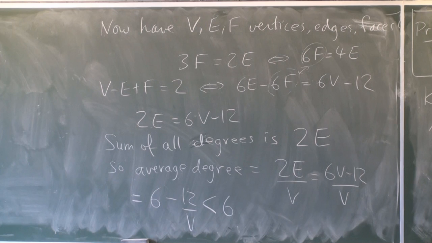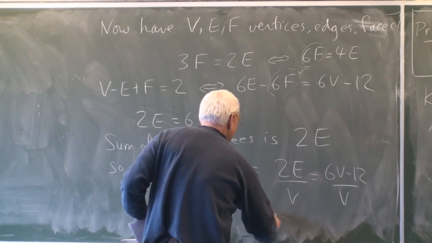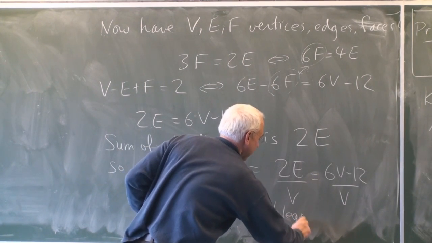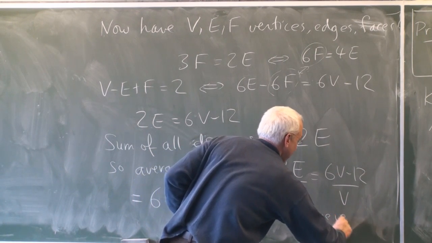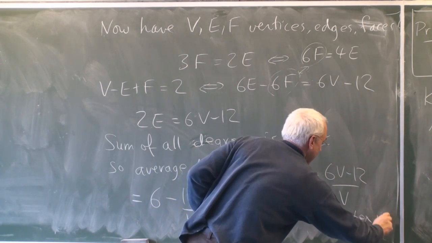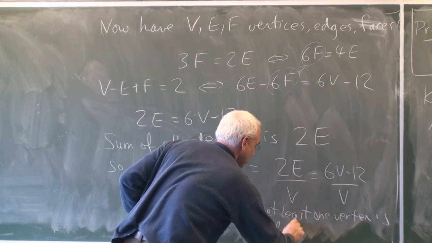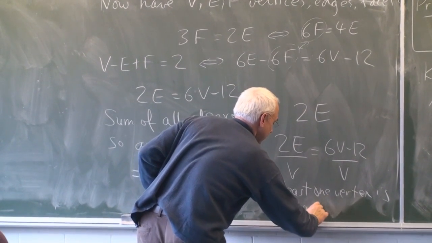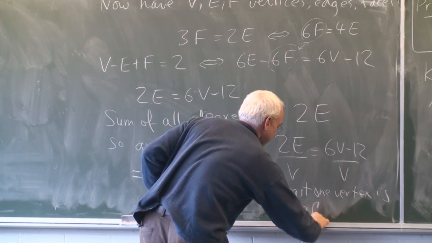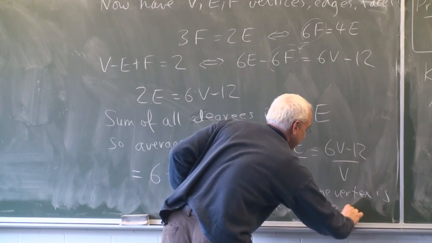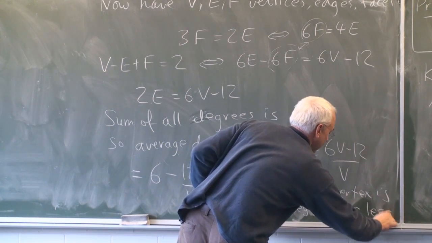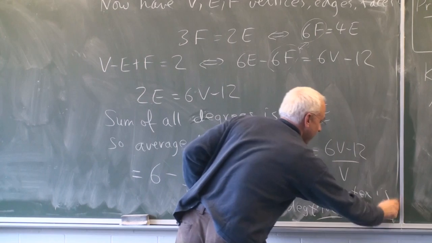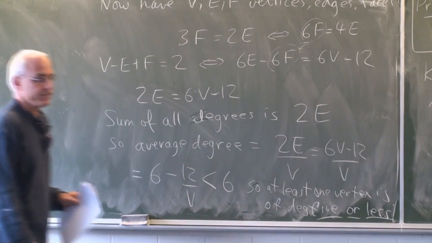They can't all have degree 6 or more, because then the average couldn't be less than 6. And that's the end of the proof.